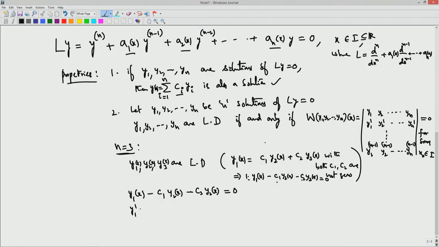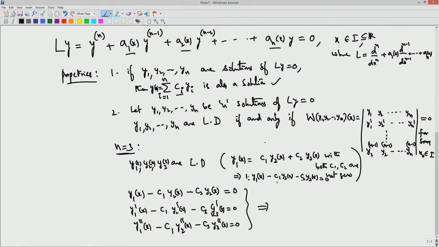You get y1 dash minus c1 y2 dash minus c3 y3 dash of x is 0. Similarly, you can do one more time because it satisfies an nth order differential equation: y1 double dash minus c1 y2 double dash of x minus c3 y3 double dash of x equal to 0.